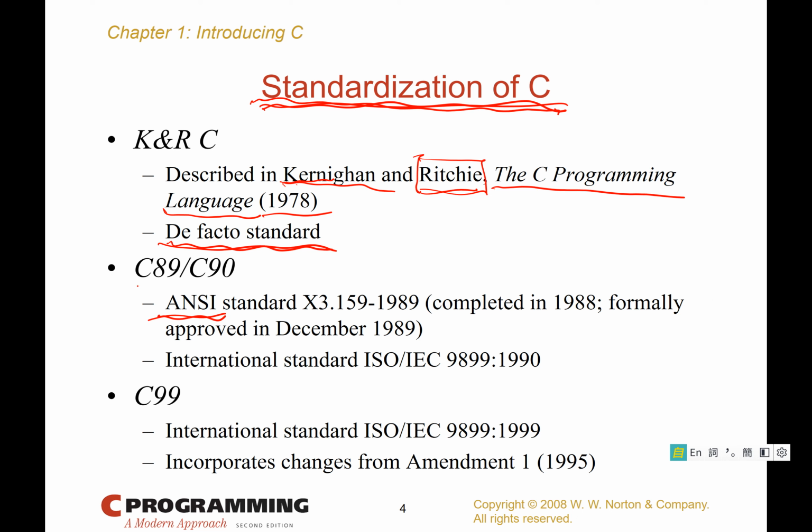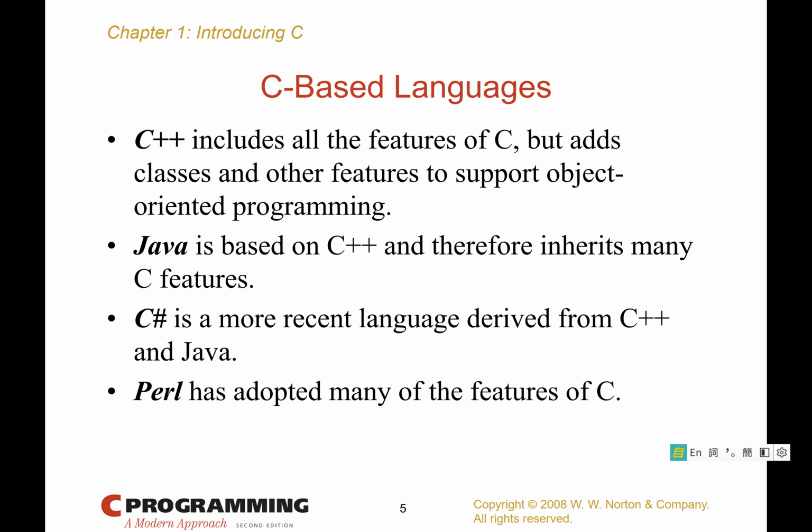This standard is called C89 and C90, also called the international standard. And C99 was established in 1999. So we have three major versions of standard C.